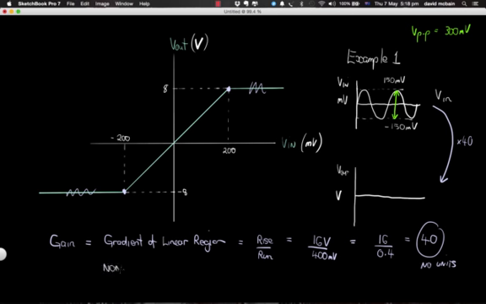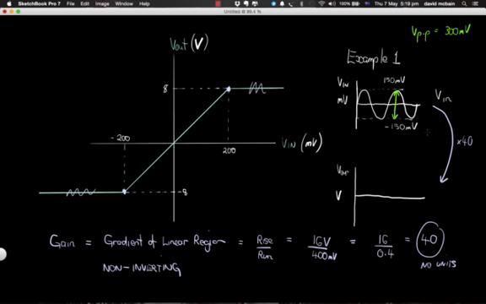It is a non-inverting amplifier. Which means that the output graph will have the same orientation as the input graph, and the only difference is the amplitude. It'll be 40 times larger.